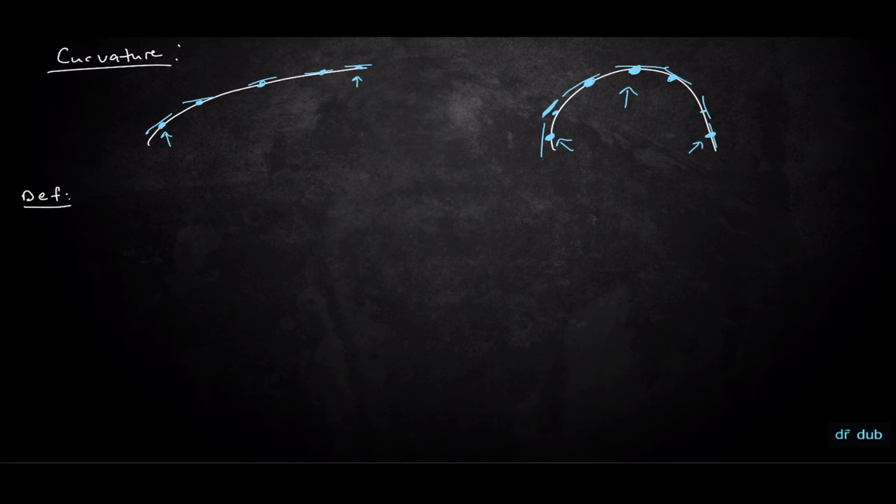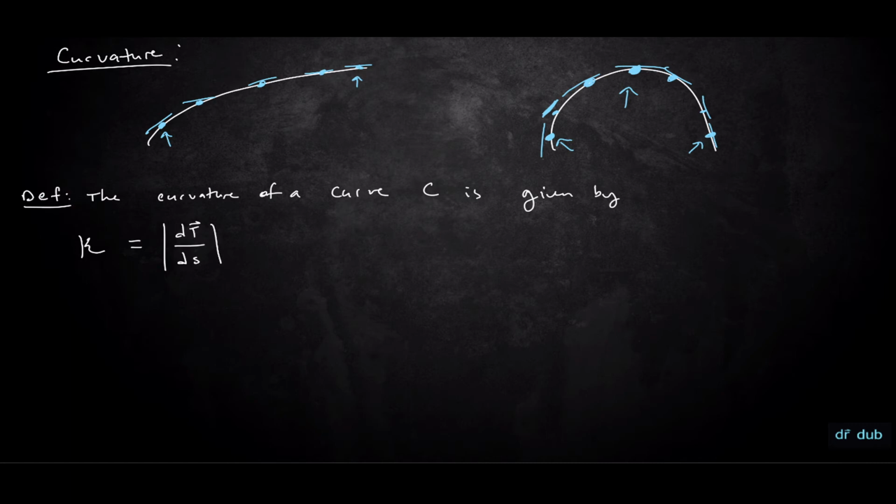So, definition: the curvature of a curve C is given by, we call it kappa for curvature. Kappa equals the magnitude of the rate of change of the unit tangent vector with respect to arc length.